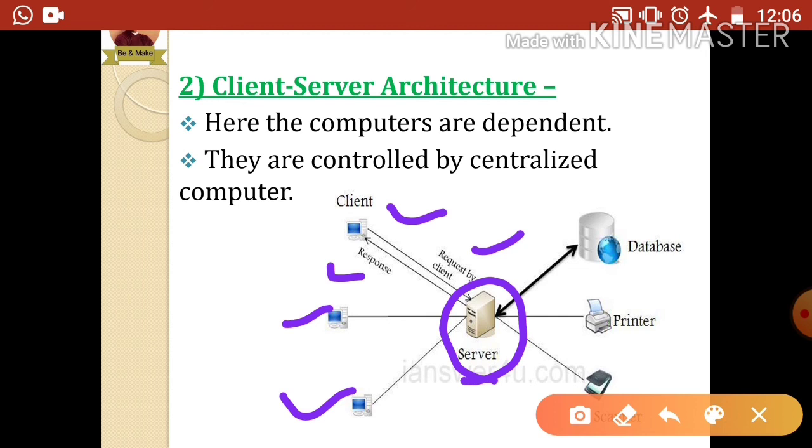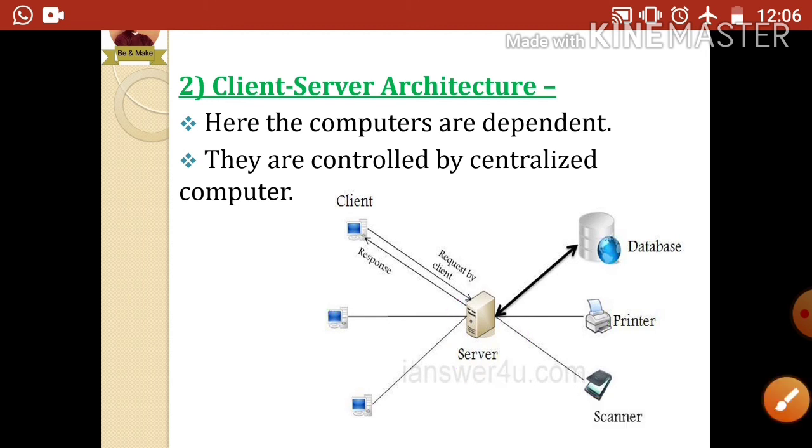So it is controlled by a centralized computer called the server itself. As it is dependent on a server, if the server fails, then your network will not work. So you need to take care of your server if you want your network to work for you. But if anything happens with a client, it will not affect the network itself.